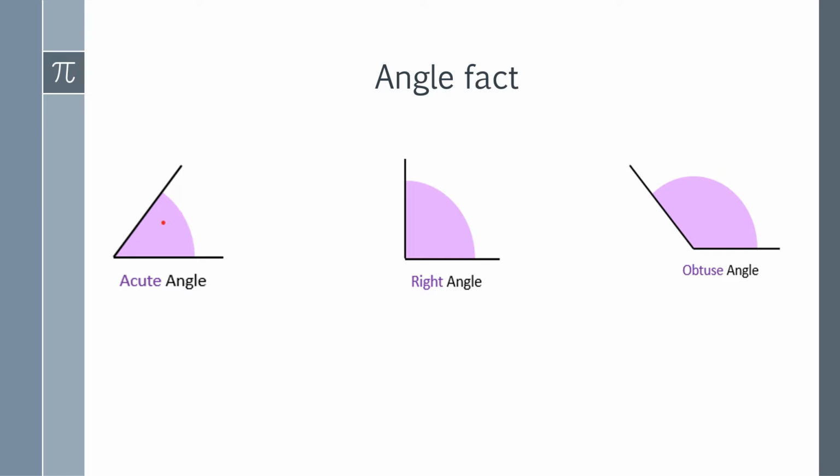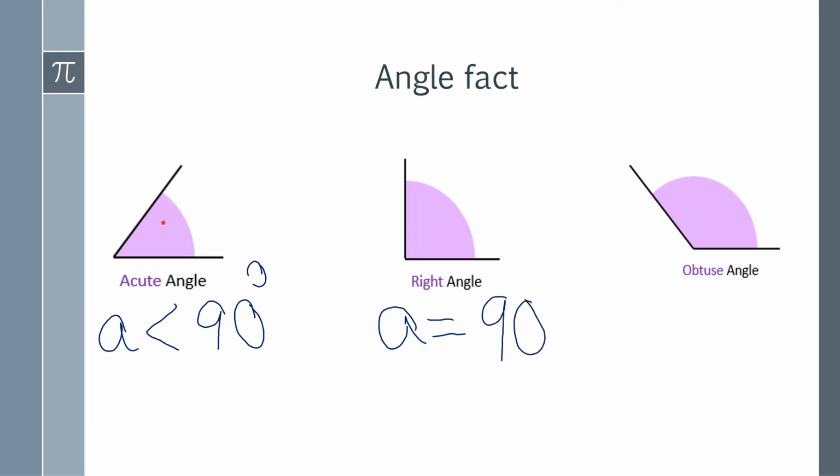You know, if the angle is acute, that angle, being angle A, is going to be less than 90 degrees. If it's a right angle, it's going to equal 90 degrees.